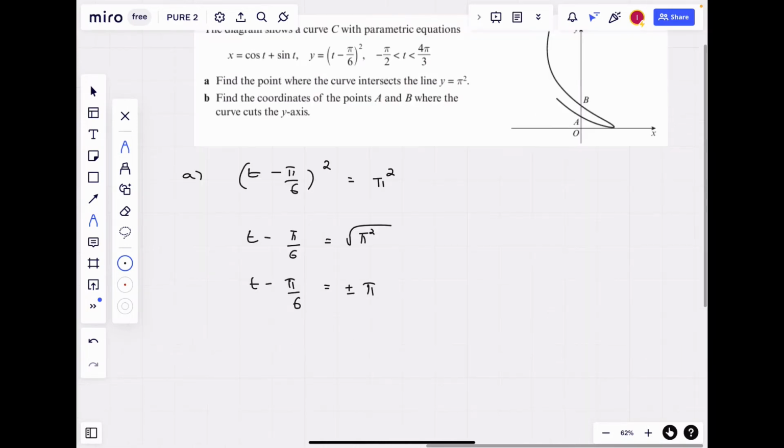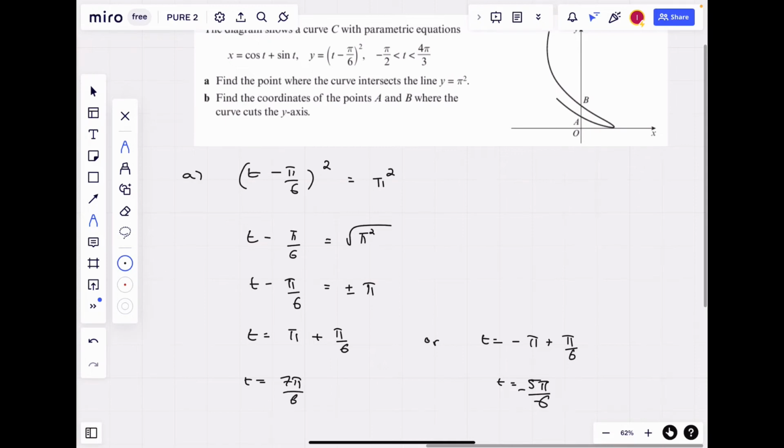Then you take this pi over 6 to the other side, you add it, so you can have two solutions: pi plus pi over 6 or minus pi plus pi over 6. So you've got 7 pi over 6 and minus 5 pi over 6. Those are your two solutions.